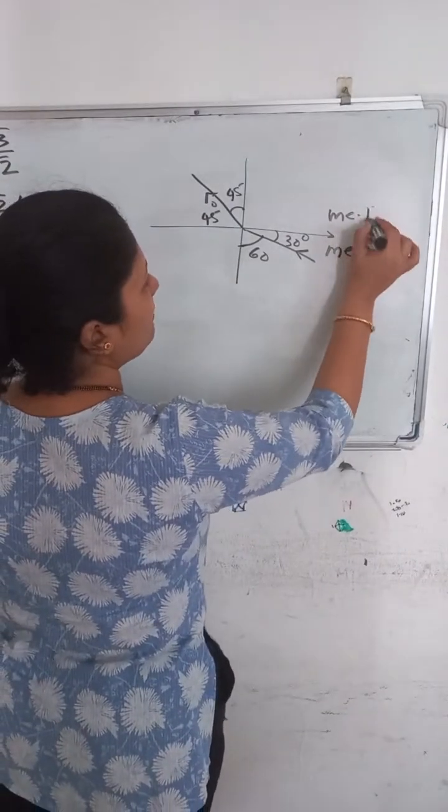This is what the figure shows, the ray of light traveling from medium A to medium B, and we need the refractive index of medium B relative to medium A.